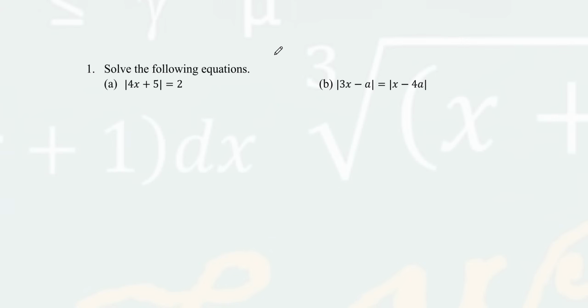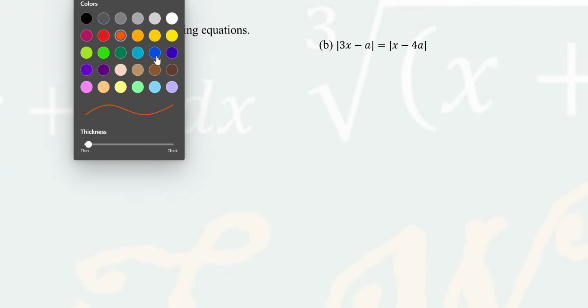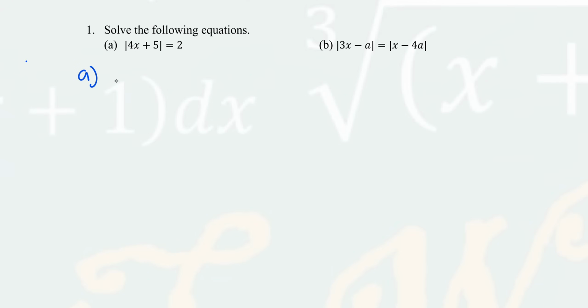Okay, so now for the first question A. Modulus 4x plus 5 equals to 2. Basically, what we need to do here is, you can say this whole value is 2, or this whole value is minus 2, because we know that modulus of 2 is 2, modulus of minus 2 is 2.